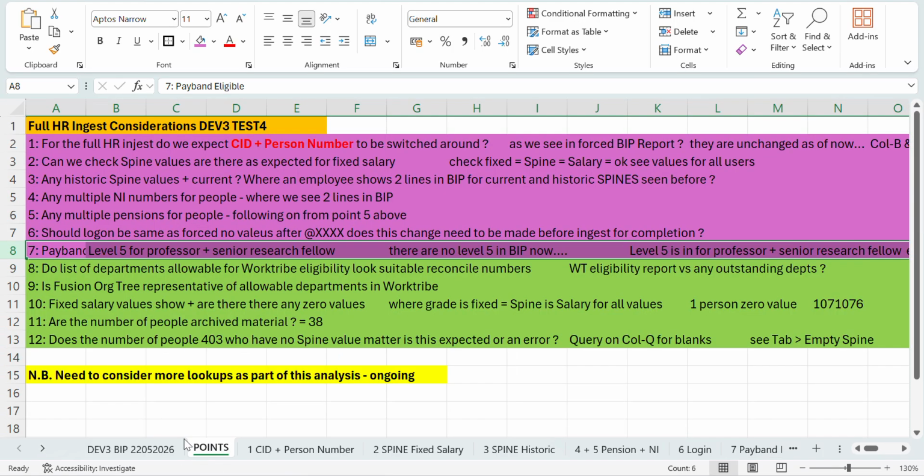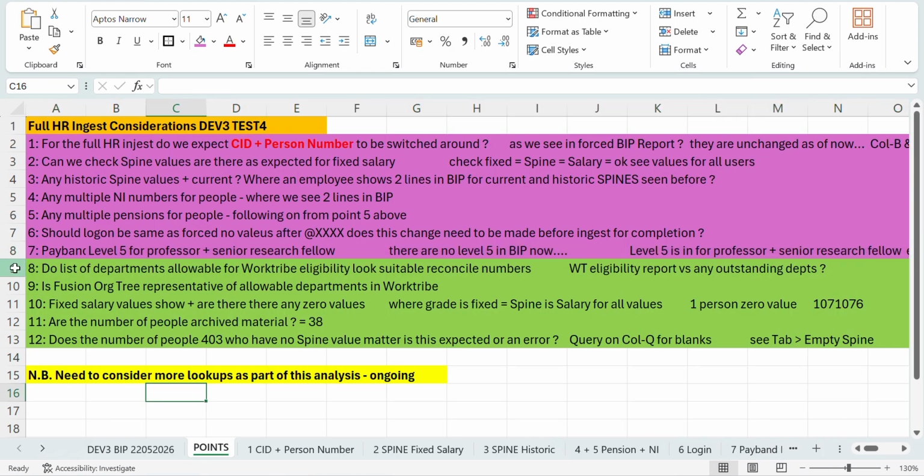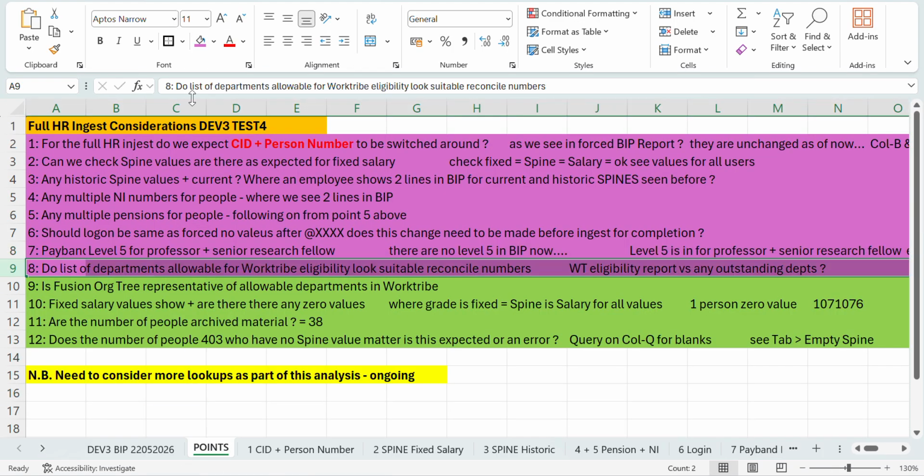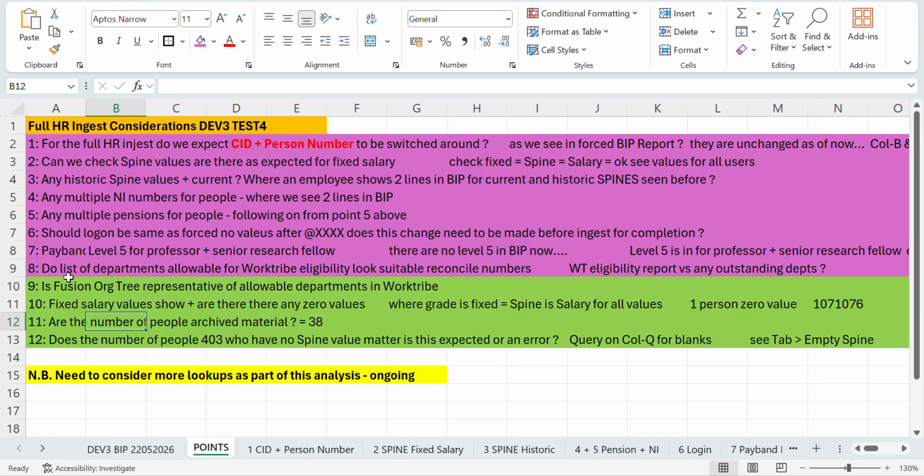Right, okay, let's go to our next one, which is number 8, which is departments. So do the list of departments allowable for Worktribe eligibility look suitable from a reconciliation point of view? And do the departments in Fusion feel like they're representable for the departments that we've got in Worktribe?